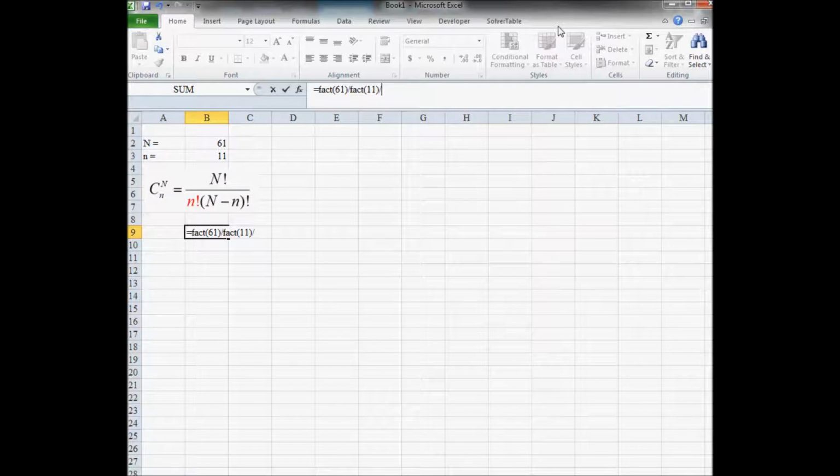We divide that again by factorial, and this time we have to subtract 11 from 61. 61 minus 11. And then we hit enter.